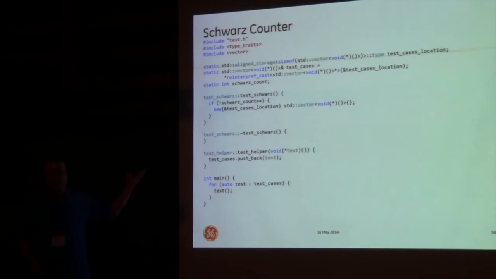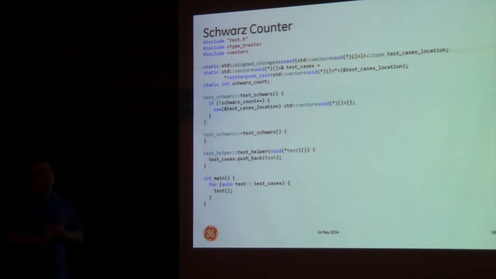It also makes my line shorter. So we have storage that's the right size and at least as strictly aligned as what vector takes, and we have our reference pointing to that.